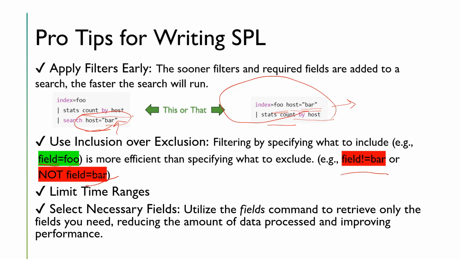So inclusion is always better. If you know for sure that you need this data, it's better to filter accordingly instead of writing not or not equals to.